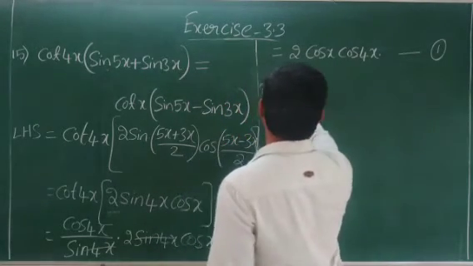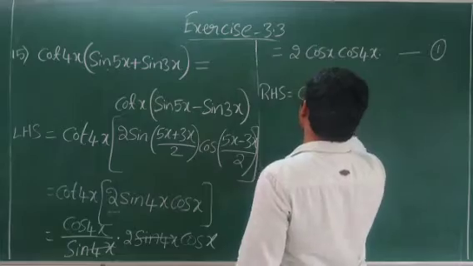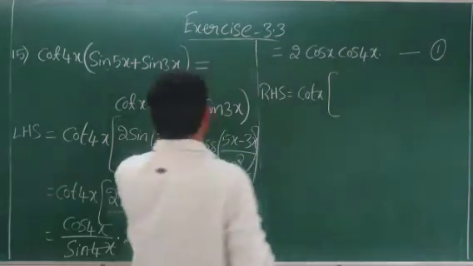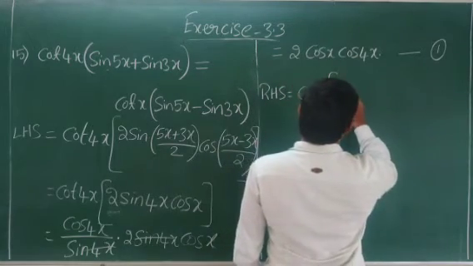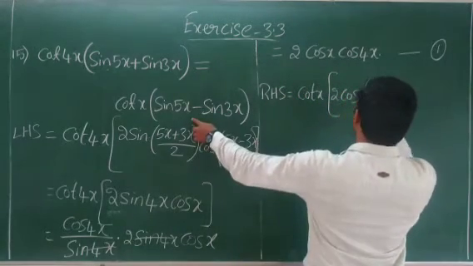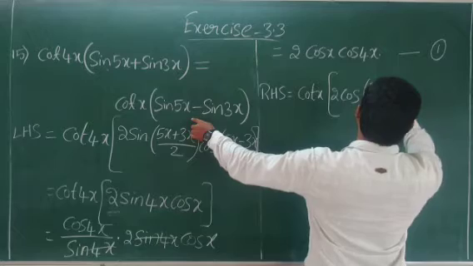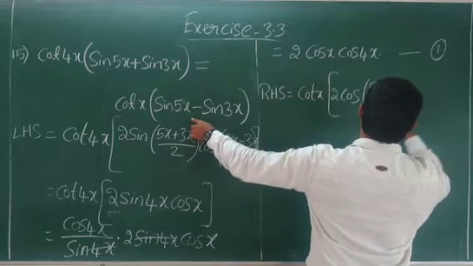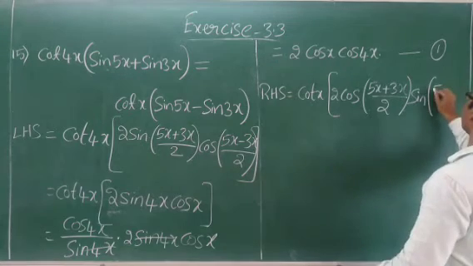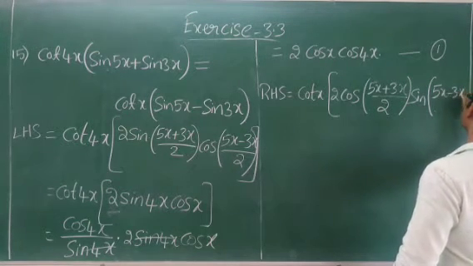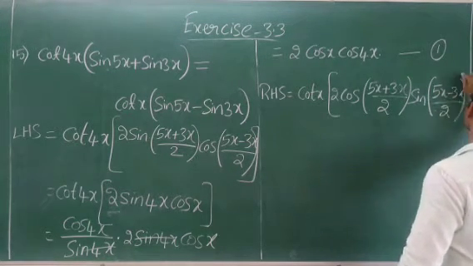Now consider the RHS. RHS is equal to cot x into sin 5x minus sin 3x. Sin x minus sin y is 2 cos of (x plus y) by 2 into sin of (x minus y) by 2.